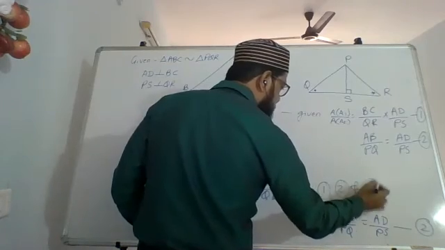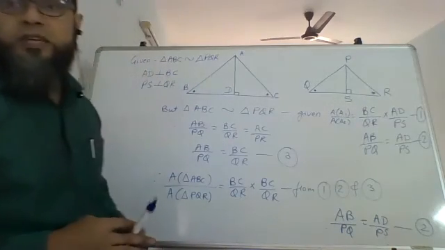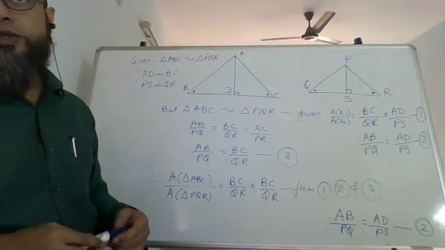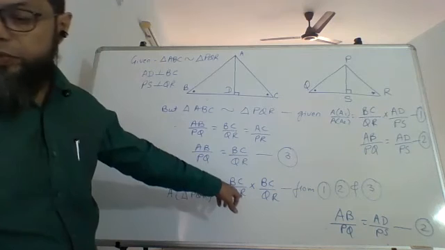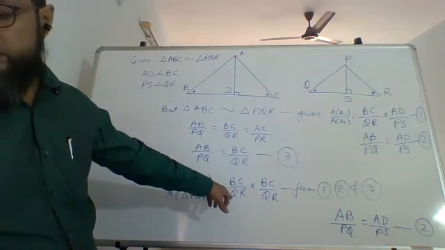You can also say this is like transitivity: A is equal to B, B is equal to C, therefore A is equal to C. So it will become BC square upon QR square.